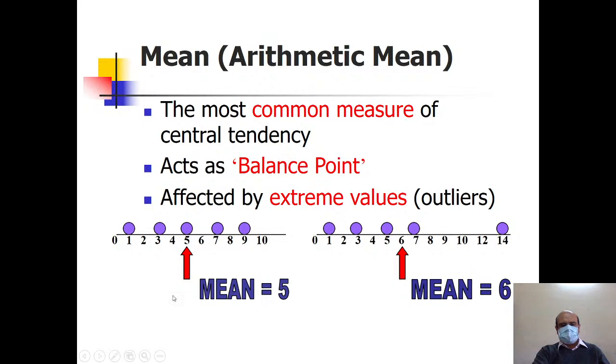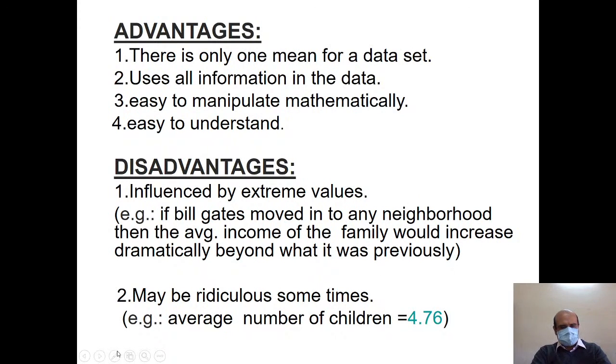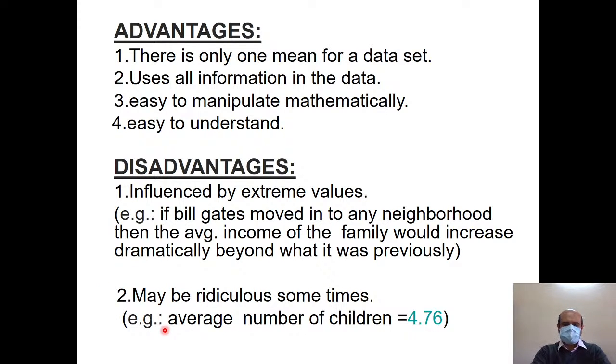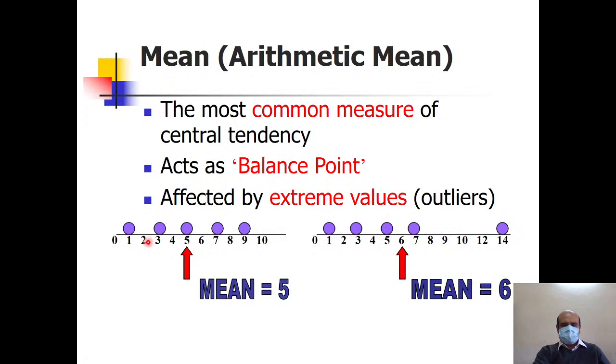So if you see the example here, these are the measured values. If, for example, these are the measured values, okay, and if measured values are almost equally distributed and normally distributed, the mean is coming out to be 5 here. So these are the number of values, and this is the scale of 0 to 10.